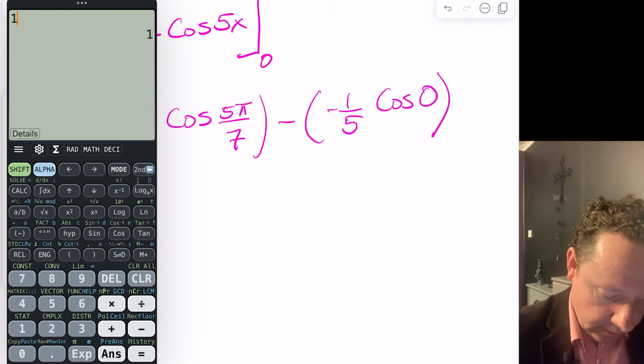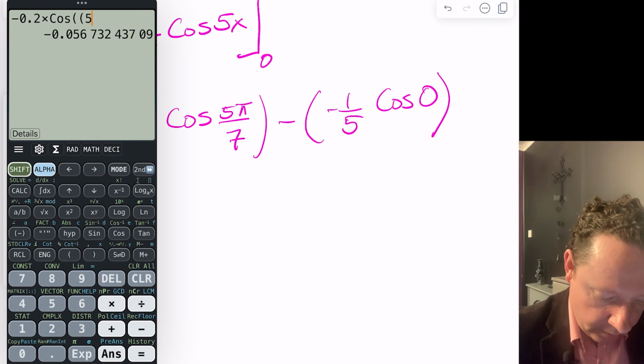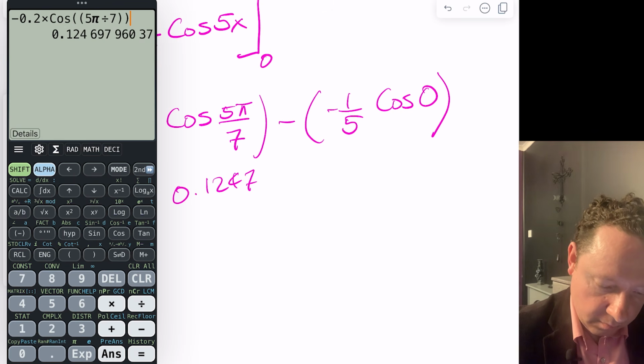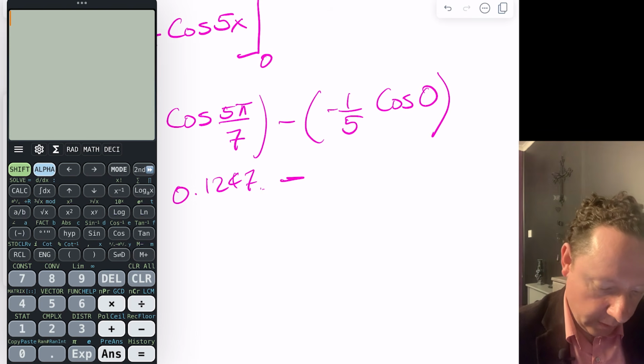So -1/5, 1 divided by 5 is 0.2, so I'm just going to do that. -0.2 times cos bracket 5 pi/7 is 0.1247, say. And minus, well, cos 0 you should know is 1, but I mean, we'll put a calculator here, so let's just check 1.